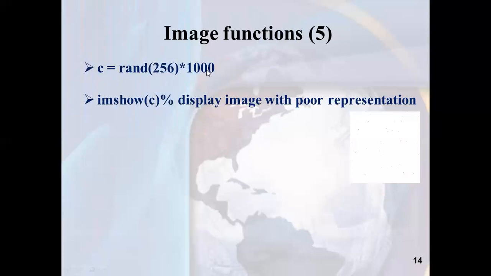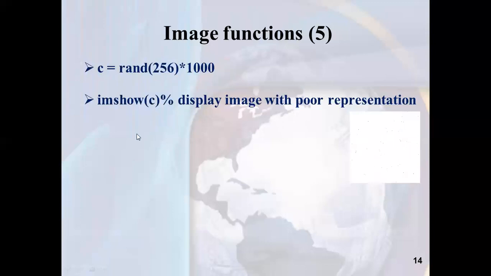So when we make imshow C, we see that this image is white, because most of the values are near or greater than 255, with the small numbers less than 255 appearing as small noise in the image.